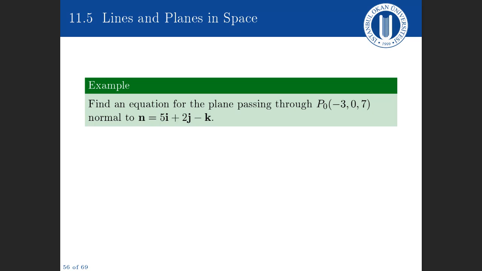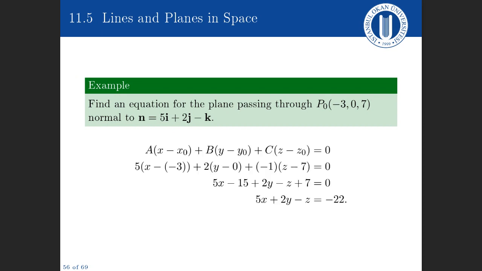For example, find an equation for the plane passing through the point P0, normal to the vector n. We start with the standard equation, a(x minus x0) plus b(y minus y0) plus c(z minus z0) is equal to 0.